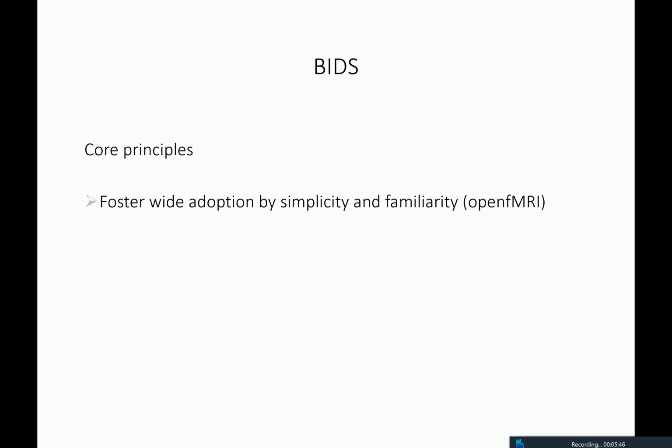They use something that is kind of intuitive and also essentially is basically how everyone has stored fMRI data and the associated metadata previously, but a little bit more formalized. Another core principle is that some metadata is better than no metadata.